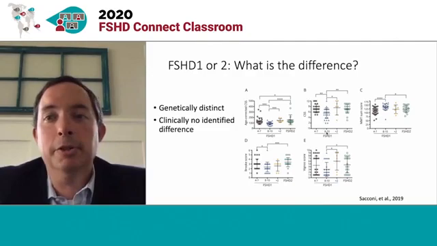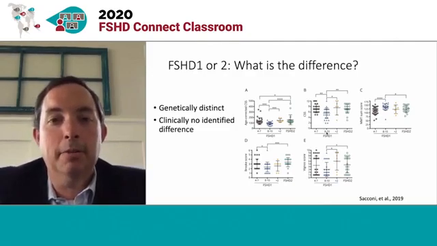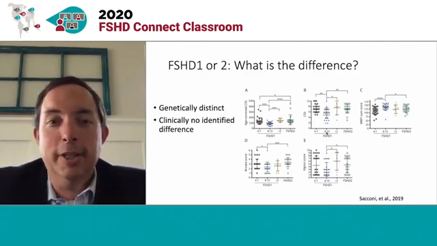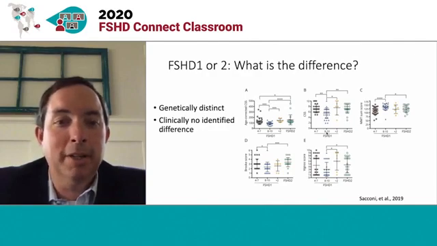So FSHD1 or 2, we've talked a little bit about the difference in the genetics. What's the difference clinically? These are genetically distinct, but the bottom line is that clinically there's no identified difference.